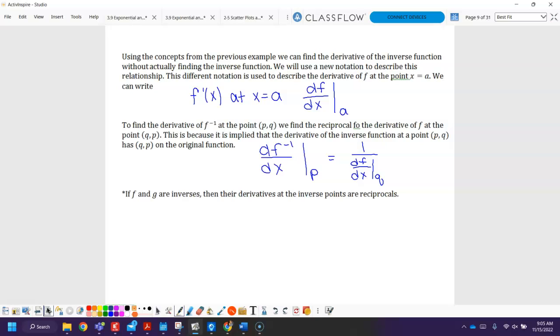So the derivative of the inverse at p is equal to 1 over the derivative of the original at q.